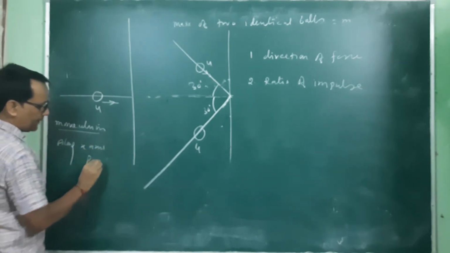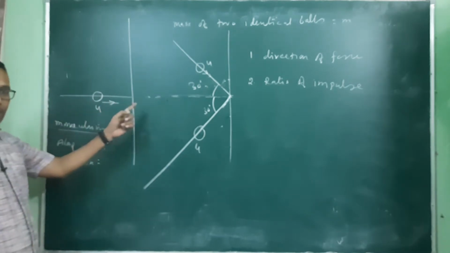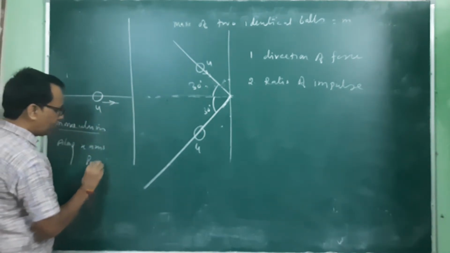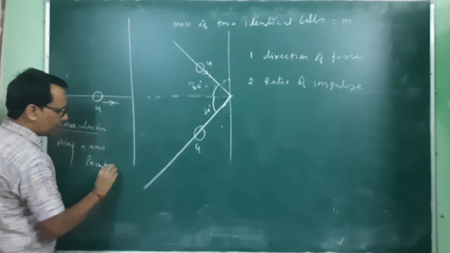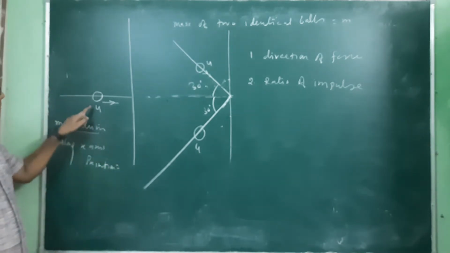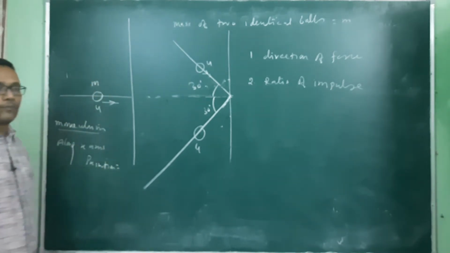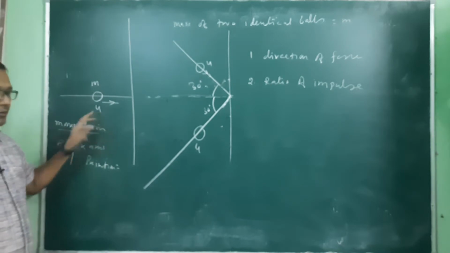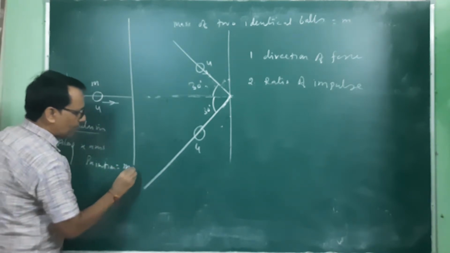that is px, before collision, so this will be px initial, equal to mass m, velocity u, so the initial momentum is mu.